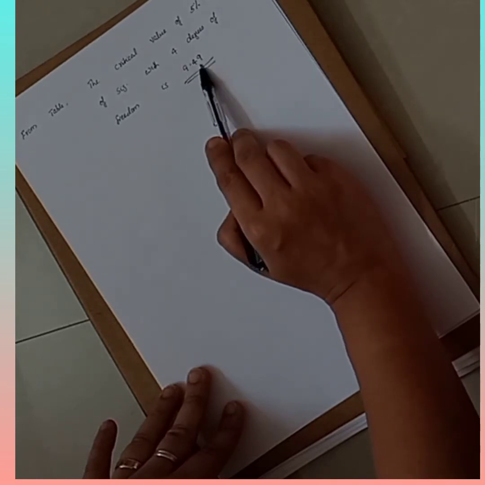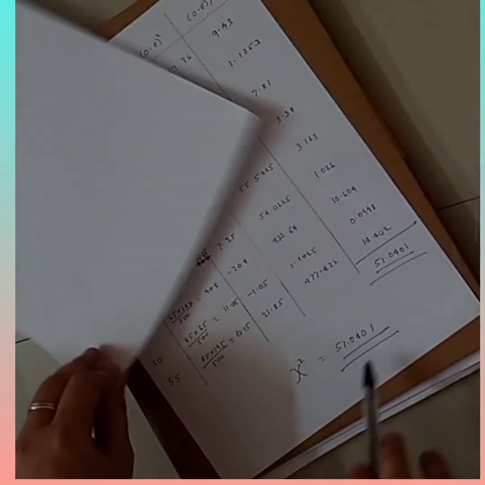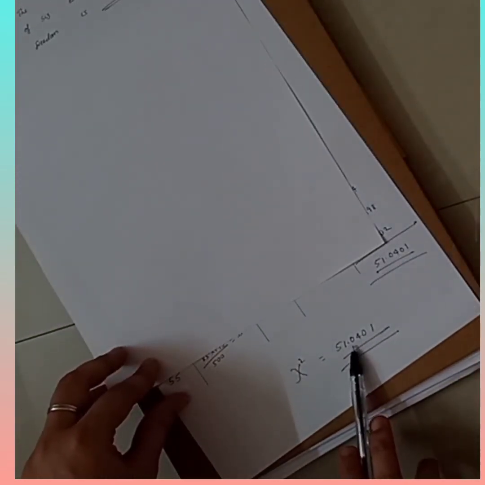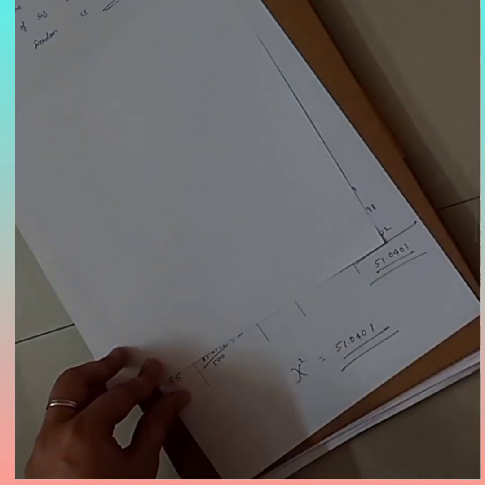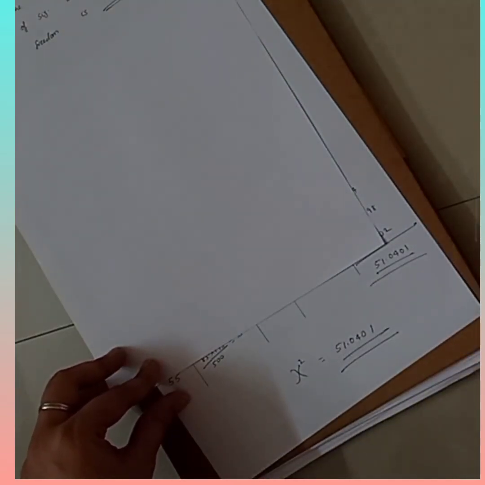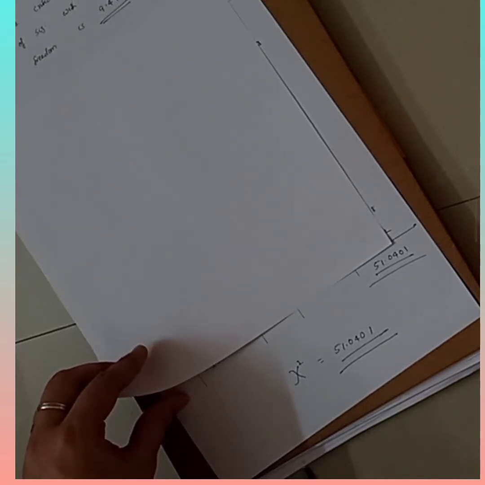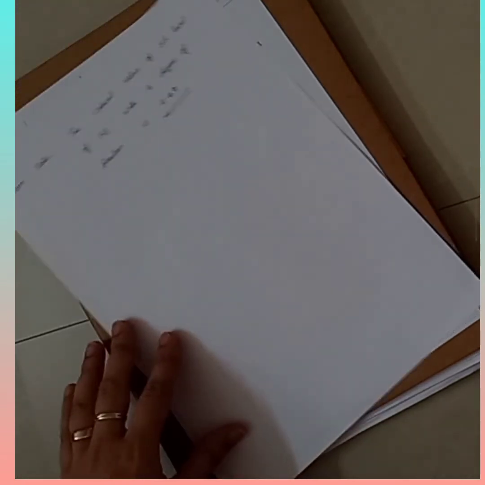Now this is the table value and this is the calculated value. The calculated value is 51.0401 and the tabular value is 9.49. So which one is lesser? The table value is lesser. That means the calculated value is greater than the table value, so we need to reject the null hypothesis.